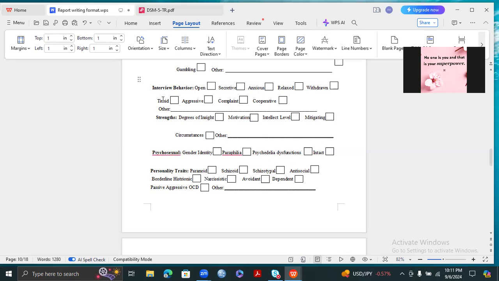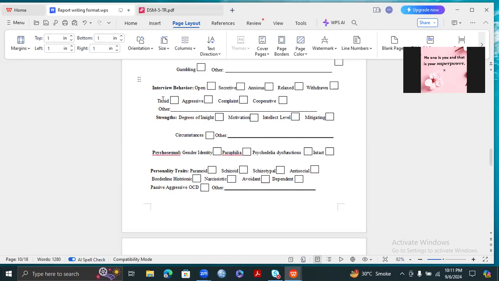So his attitude towards his insight is very much important. His intellect level. Is he meditating, right? Does he actually have some kind of circumstances to support him? So these are the particular strengths you have to identify because they would help you identify his prognosis.